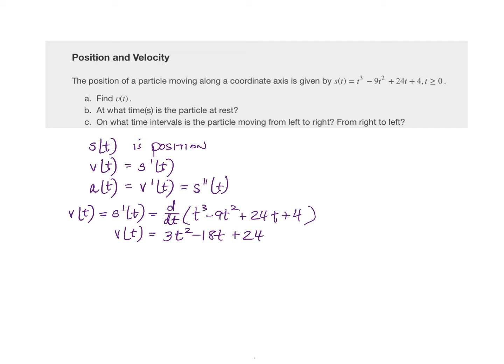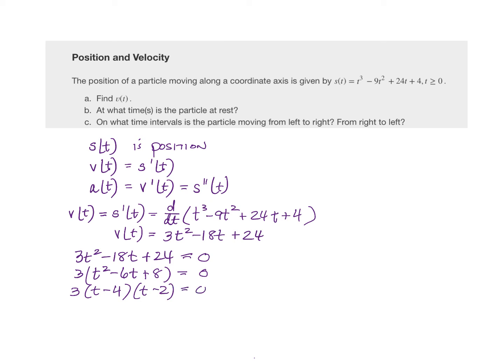So we're going to set 3t squared minus 18t plus 24 equal to 0, and then solve for the t value. And I can do that by factoring out a 3. I get t squared minus 6t plus 8, and then I factor that, 3 times t minus 4 times t minus 2 equals 0.